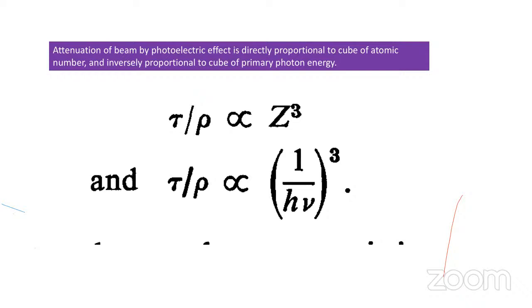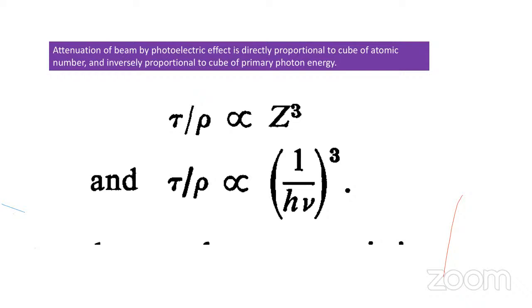And it is inversely proportional to the cube of the primary photon energy. That's why at lower energy, this will be much more prominent. So when you have a combination of low photon energy, like say 60 kV or 50 kV X-rays, and a high Z material like bone or a metal implant, then this will be a very prominent phenomenon.